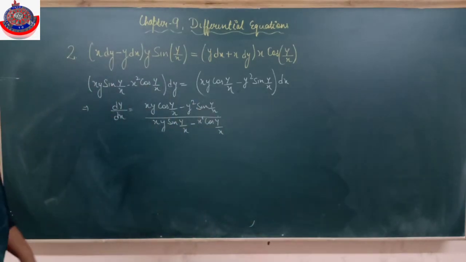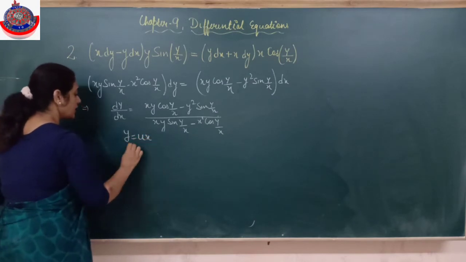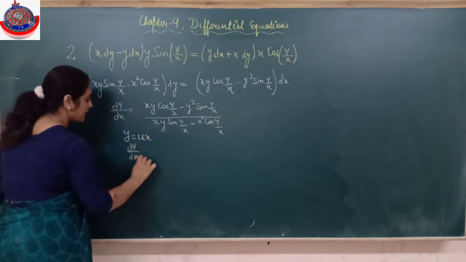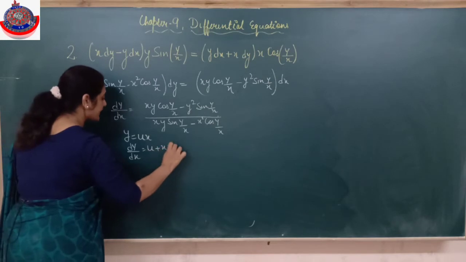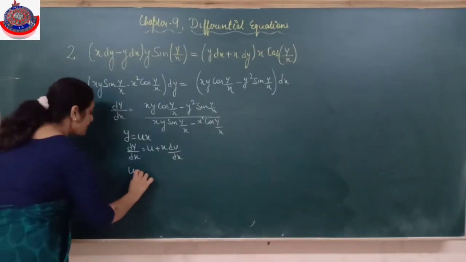Now what do we do in this? When it is dy upon dx, I will put y equals ux. Dy upon dx becomes u as it is, differentiation of x is 1, x as it is, differentiation of u is du upon dx. Substitute the values.